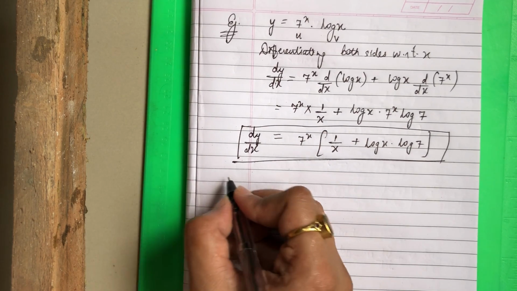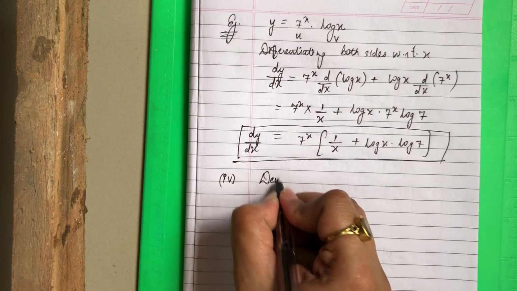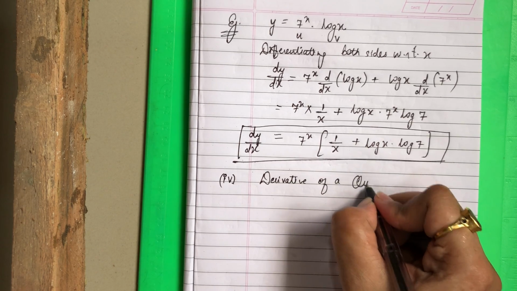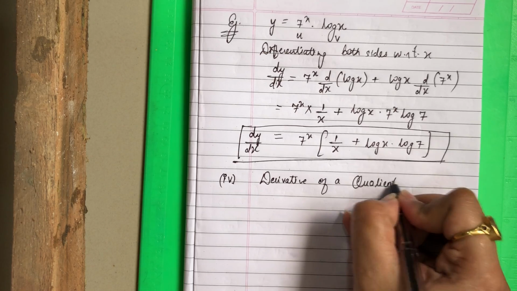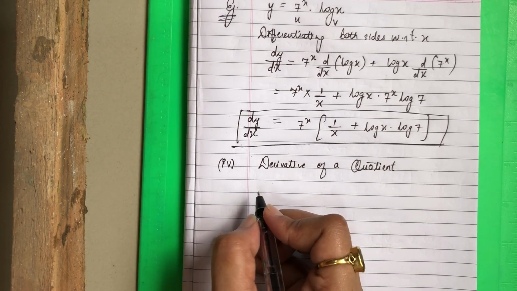Understood? Now the next, fourth rule is the derivative of a quotient. That is the quotient rule. We did the product rule just now, and now the quotient rule.